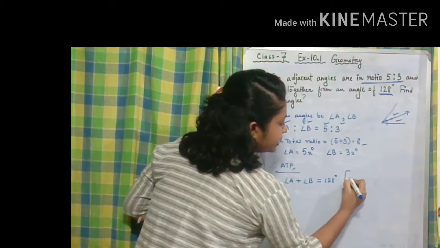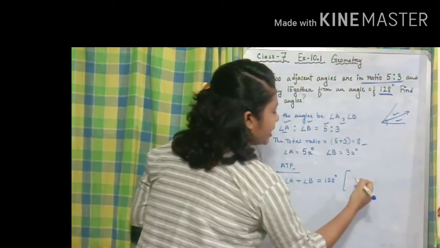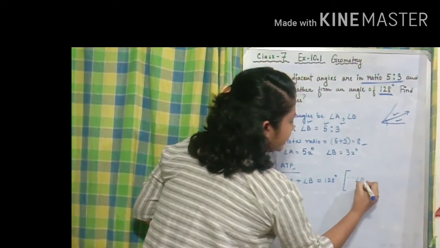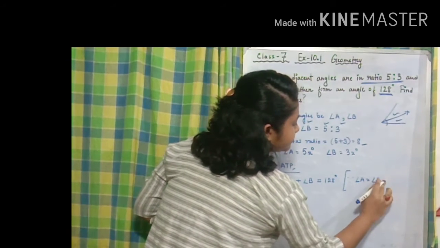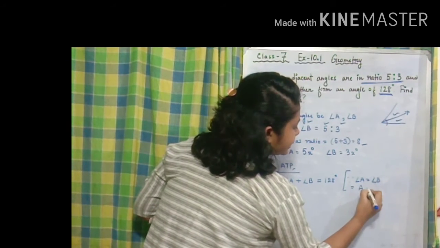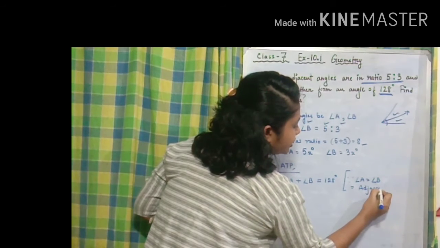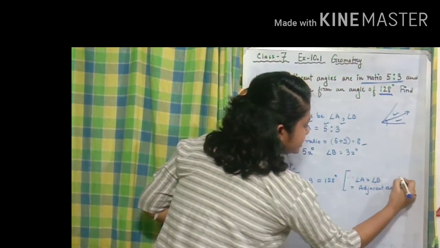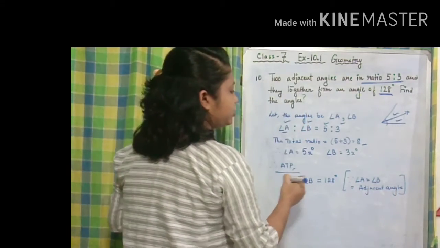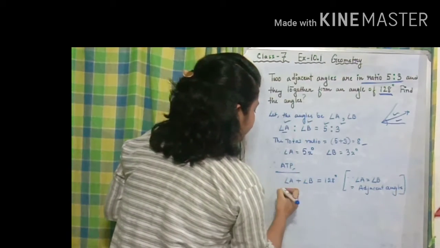Now we have to write the reason within the bracket: adjacent angles. You have to write the reason just beside it, okay? Otherwise, the sum will be incomplete and your marks will be deducted also.